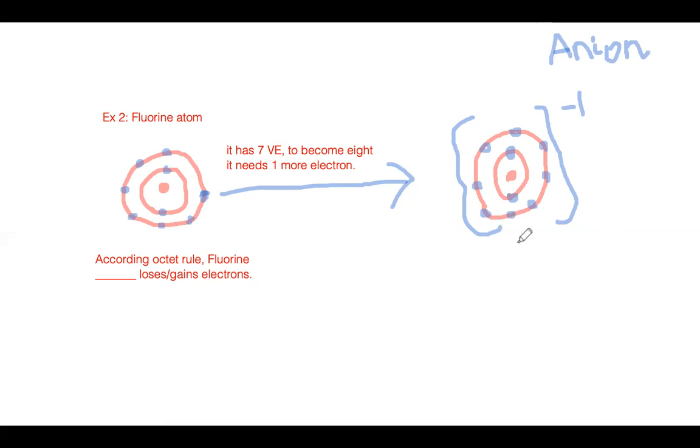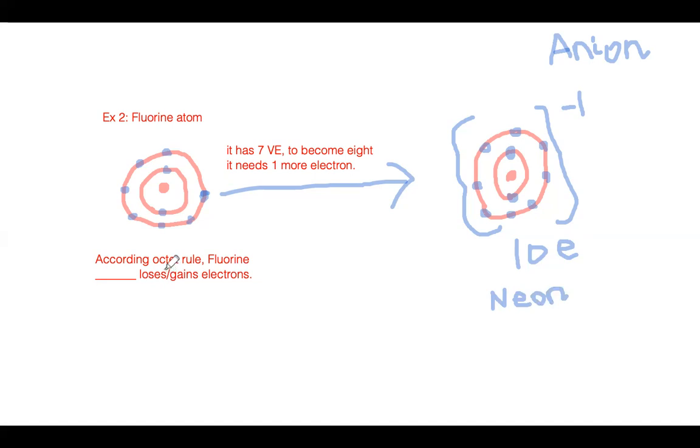Okay, so now count how many electrons are there now? Totally 10 electrons. If I ask you what noble gas configuration it has reached right now, you would say again neon. So now let me complete the question.